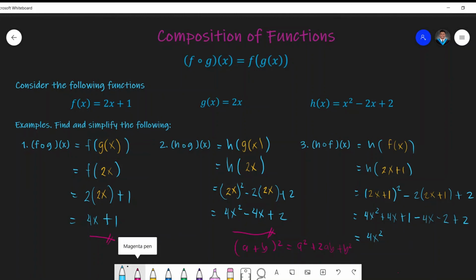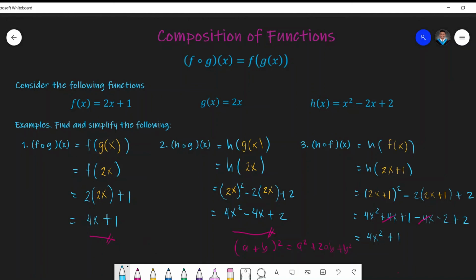So wala na to. Matira na lang, we have here also the constants. So we have 1 minus 2, that is just equal to negative 1, then plus 2, that is equal to positive 1. So therefore, ang final natin will be plus 1.